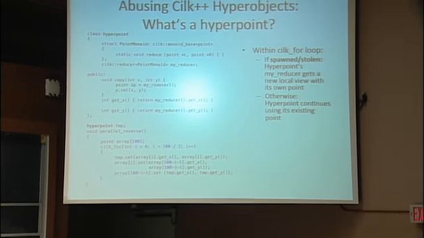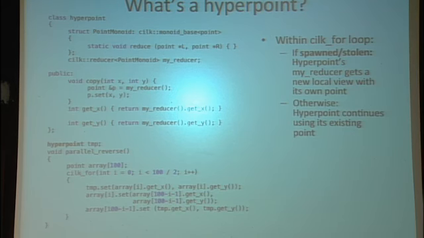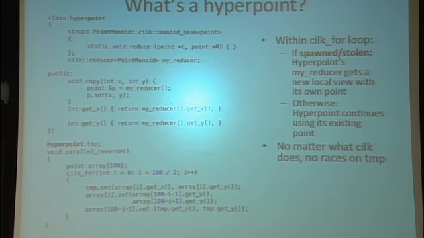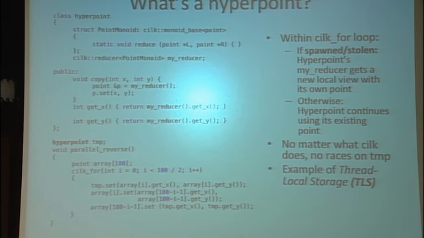And if it's not stolen, if it continues running in the same thread, then it just continues using the local view that was previously instantiated. So no matter what Silk does in the background, you're guaranteed to not have any data races on temp, because whenever you spawn off a new thread, the hyperobject will instantiate a new temp object for you to use. This is an example of what's called thread local storage, a temporary storage space for each thread.